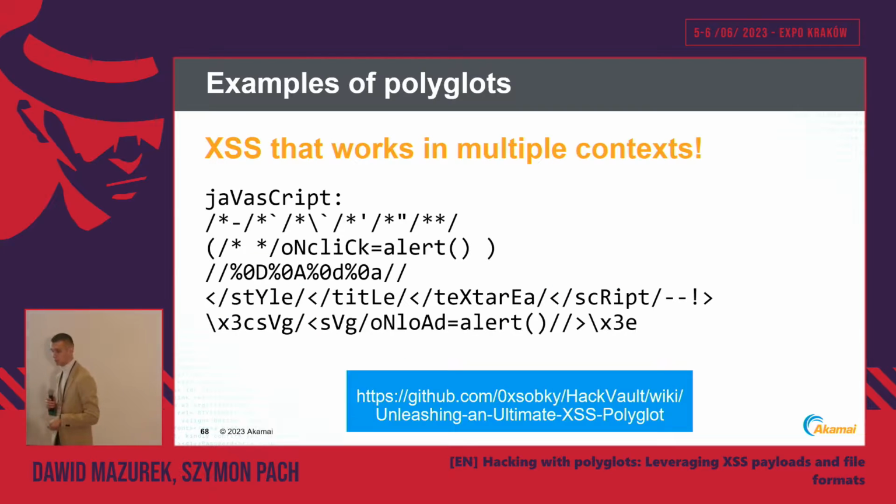Something about XSSs. Here we have our XSS payload, which can work in multiple contexts. At the bottom, you have the URL where we take this polyglot from. It's not ours.